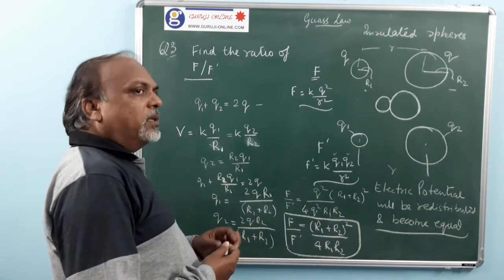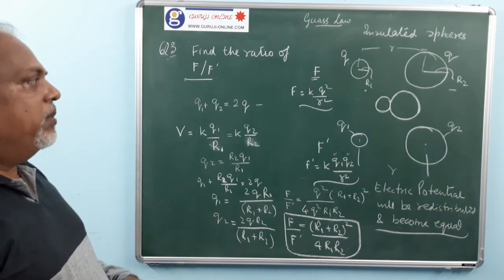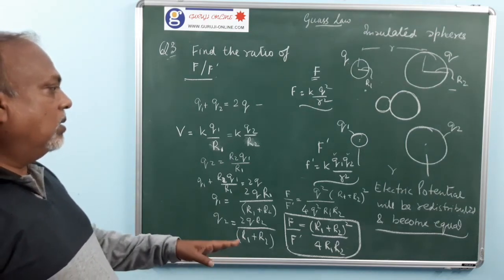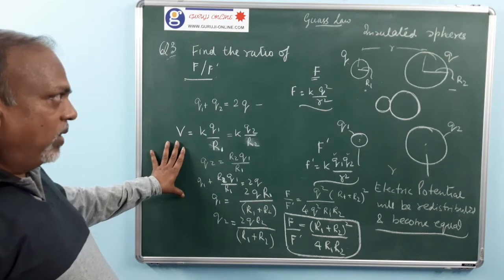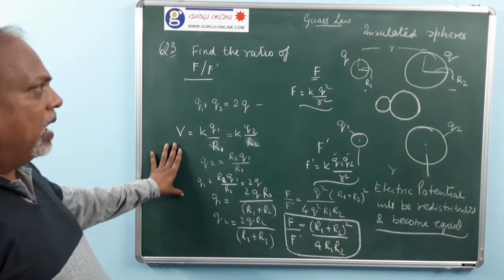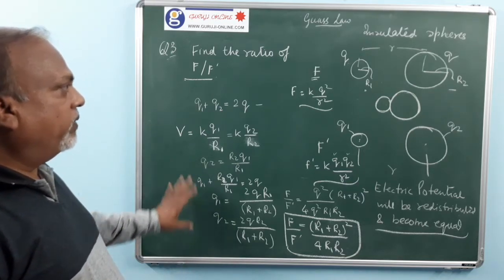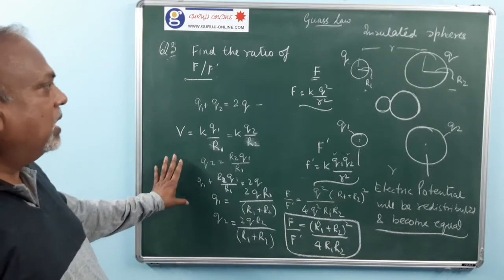Charges will remain same on each sphere once they touch and are taken back. So this was a very good problem. It has appeared in the competitive exams. So just make a note of this. Now we will go to the next problem.